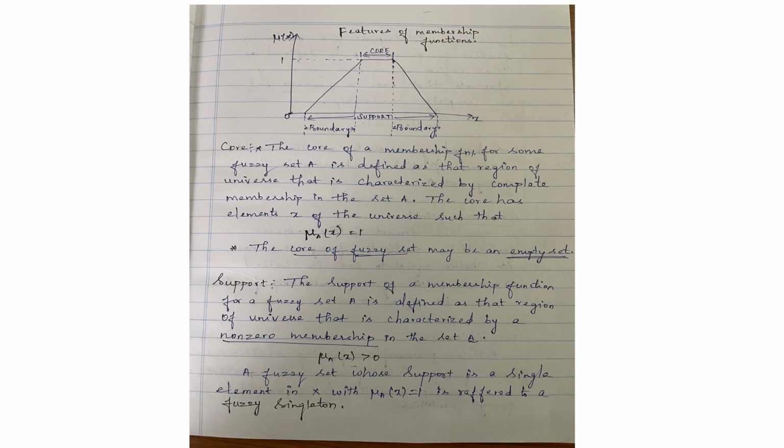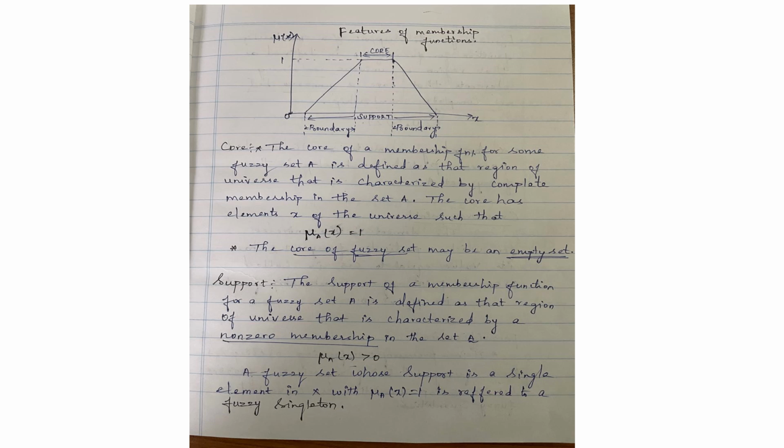The elements that meet the value 1 come under the core. The core has elements x of the universe such that mu A of x equals 1. For example, in a set with five values, if the third element meets the value 1, then that element belongs to the core of the fuzzy set.